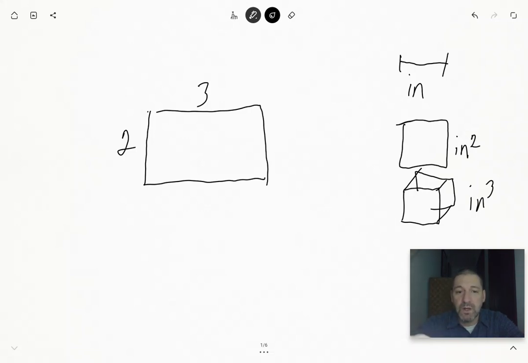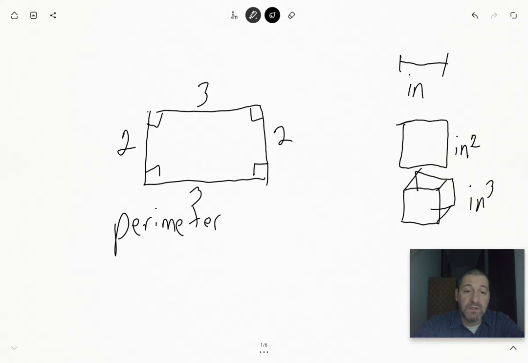If the left side is 2 inches, then we assume the right side is the same because this is a rectangle. If the top is 3 inches, then the bottom would be 3 inches as well. Therefore, the perimeter of this rectangle would be 3 plus 2 plus 3 plus 2, just adding all the sides together, which gives us a total of 10.